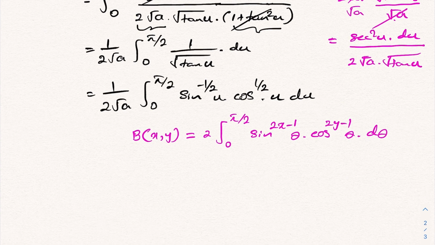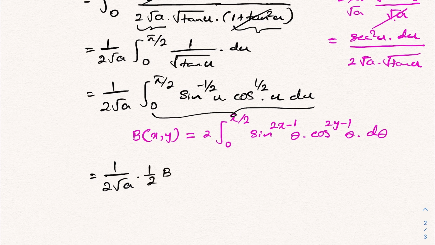Okay, then let's move to our integral. Now we have 1 over 2 times square root of a times this integral, which we know is equal to 1/2 beta of, now we know 2x minus 1 is equal to minus 1/2. So if we isolate the x, we get 1 over 4.